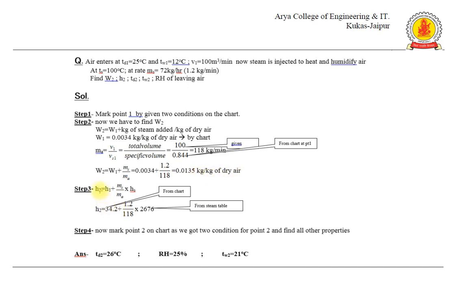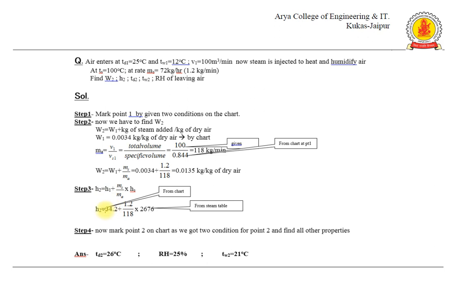Now step 3, we will have to find enthalpy, H2. Enthalpy at point 2 will be equal to H1 plus MS upon MA, the portion of the water that is converted into vapor, into HS. We will put all the values here.